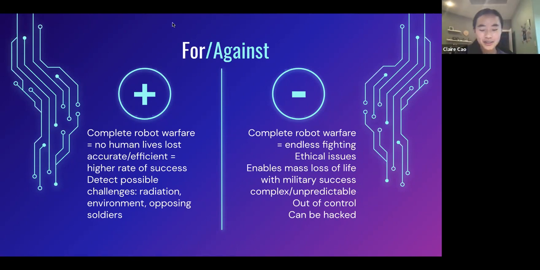Now that I've given you all this information, do you want to continue your discussion? Do you think robots belong in the military? Do you think robots should be used in the military? Still no. Okay, Pei says still no. Would you like to expand, or would anyone want to agree or disagree?